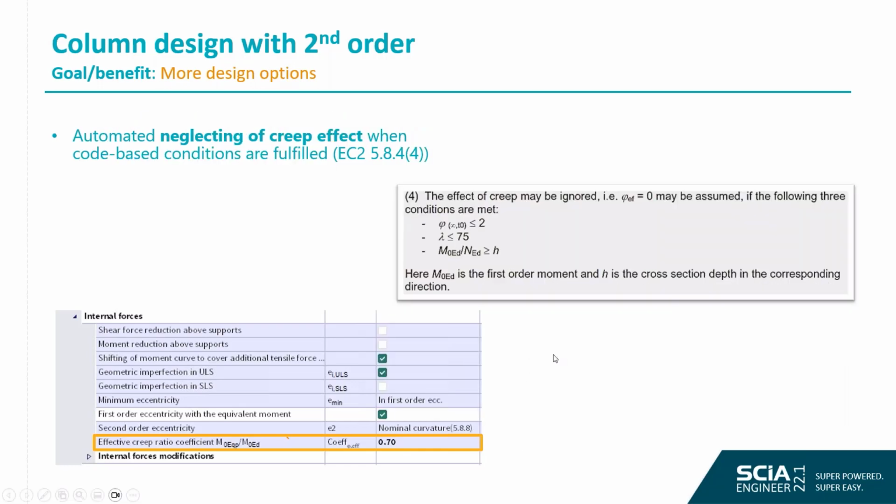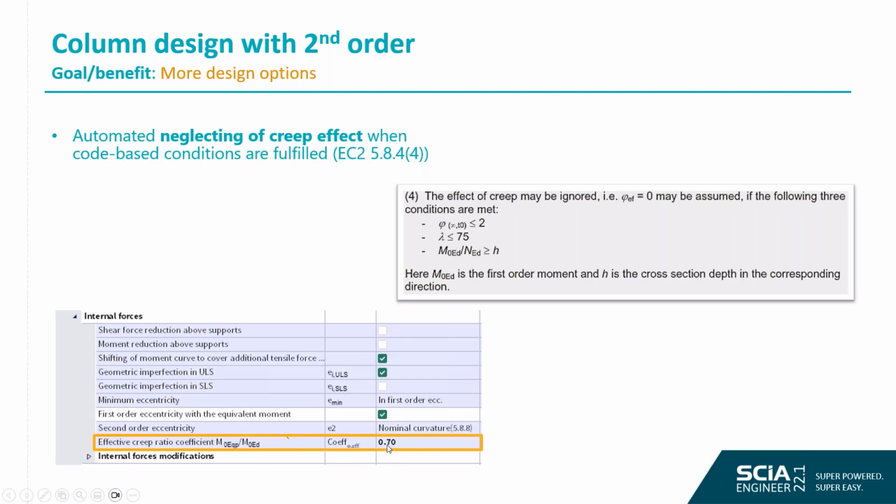And last, here you can see the paragraph from the Eurocode where the conditions are mentioned when you may apply the neglecting of creep effect. And actually these conditions are automatically checked, and when they are satisfied, automatically we set the effective creep coefficient as 0.